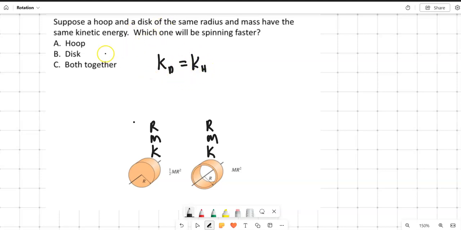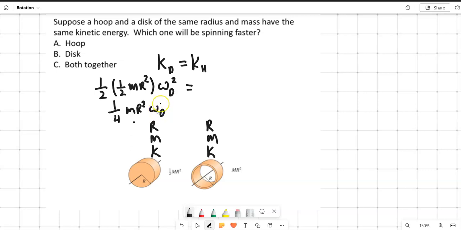Now the disk is 1/2, and its moment of inertia is 1/2 m r squared, and its omega, we're going to subscript it d so we can keep it separate from the hoop's omega. So on this left-hand side, this is going to be 1/4 m r squared omega sub d squared.